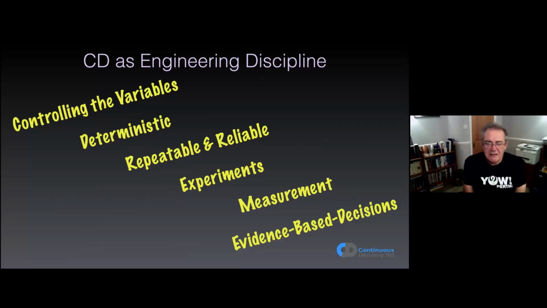What this leads to is a more experimental approach to software development. We're going to proceed as a series of small experiments. We're going to measure the behaviors, the results of those experiments, and as a result, we're in a position to make more evidence-based decisions.